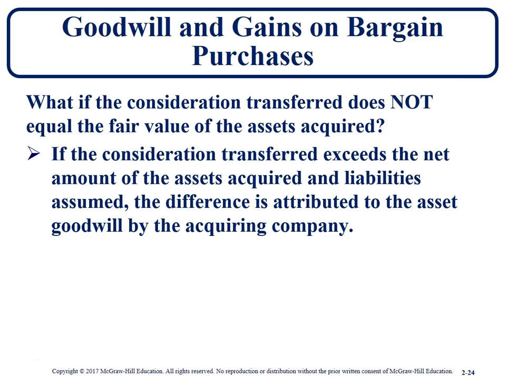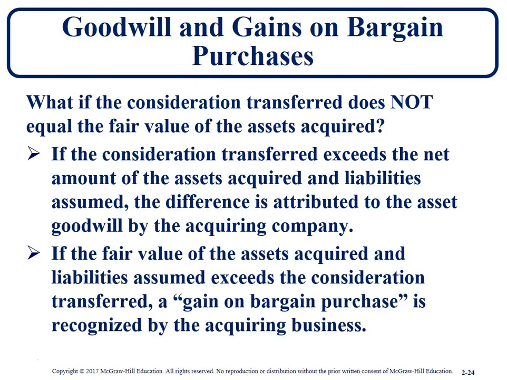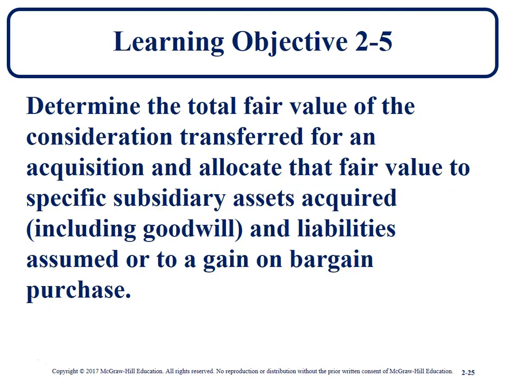So there must be something non-tangible that you would charge to goodwill. If the fair value of the assets acquired and liabilities assumed is greater than the consideration, so if you pay less than what the assets are worth, you have a gain on the bargain purchase. And the gain is recognized as ordinary income by the acquiring business.